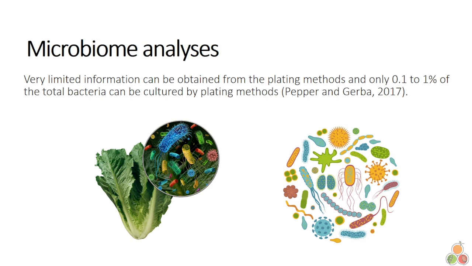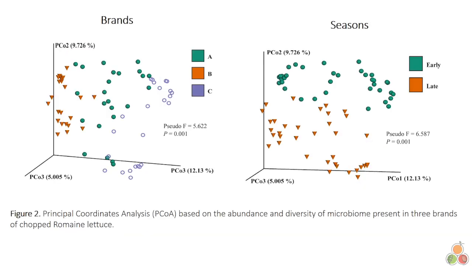Based on this diversity, how many and what type of them, and their relative abundance, we are able to compare those different brands and different early or late season products. So this is what we get. Based on all the information, just think about it. We already merged all the diversity and also the abundance information together.